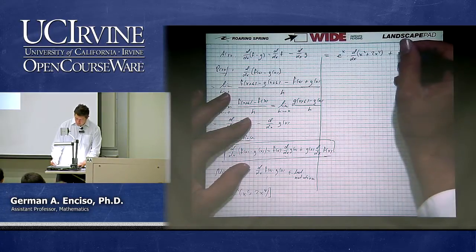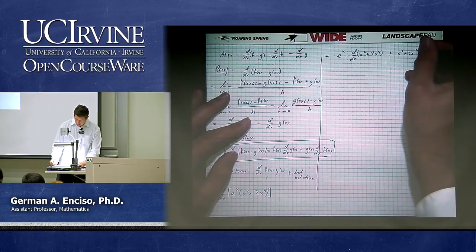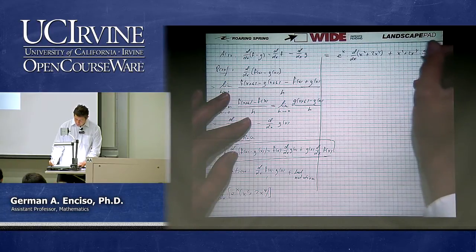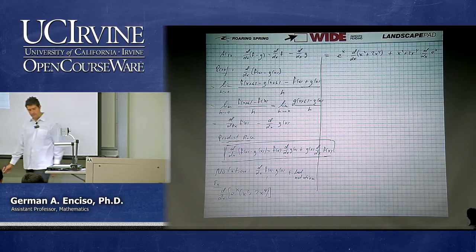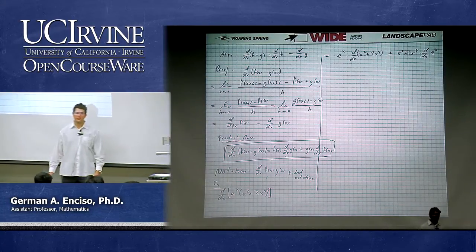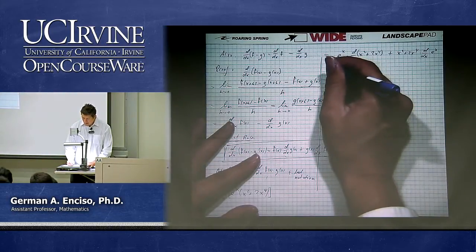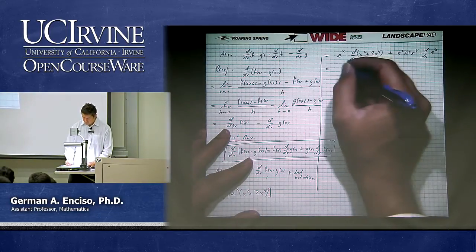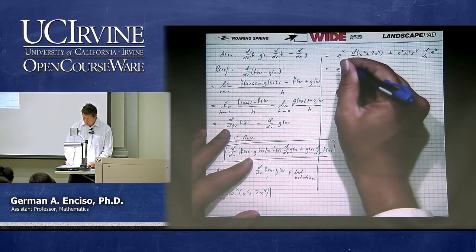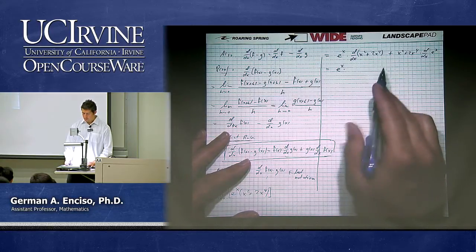Plus x squared plus 2x to the 4 multiplied by the derivative of e to the x. Okay? Great. And what is that? So that is e to the x multiplied by 8x.